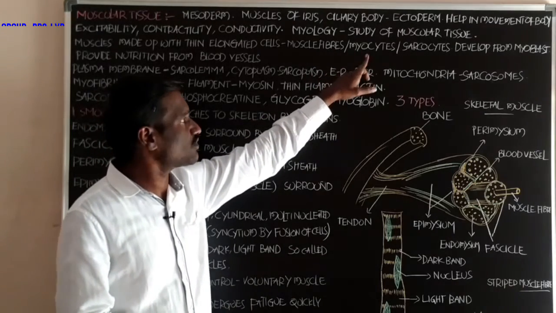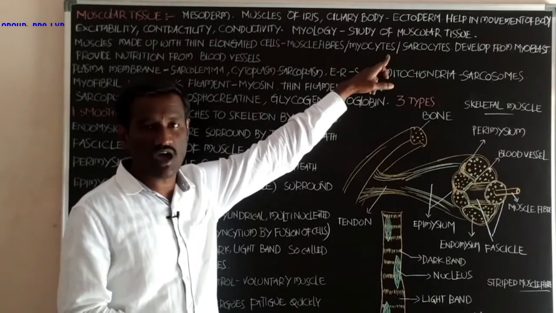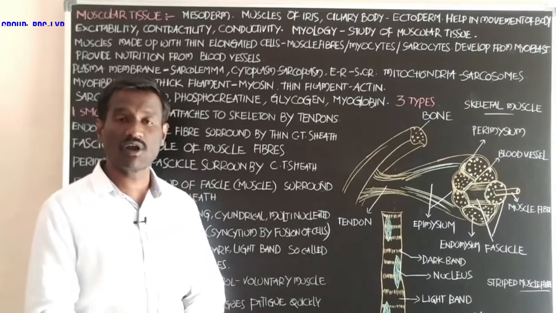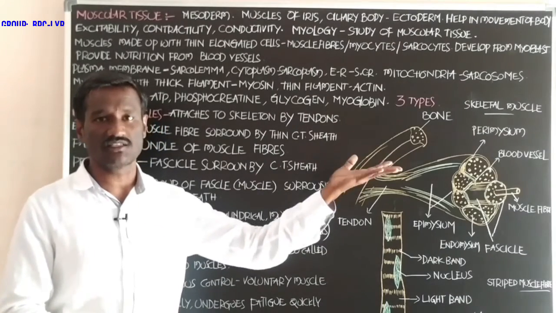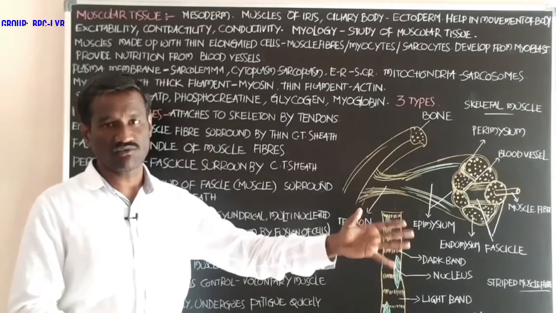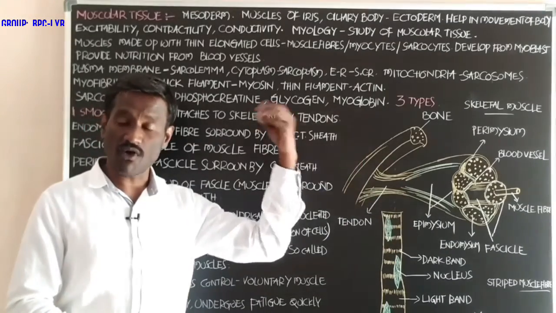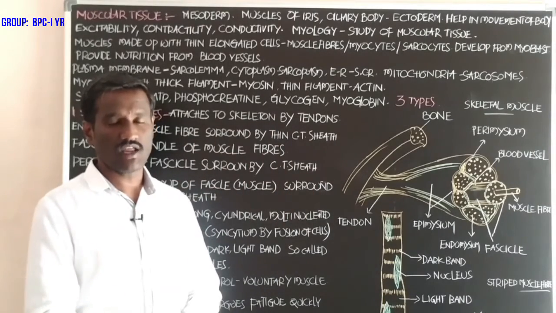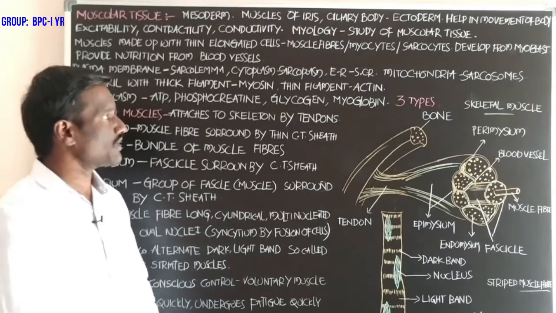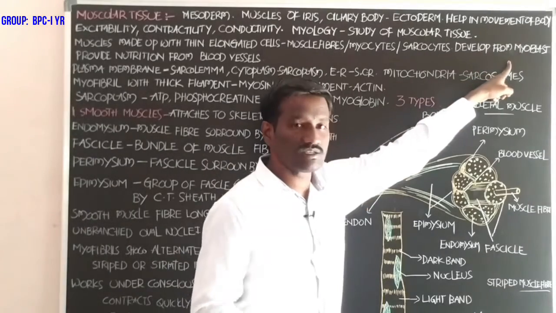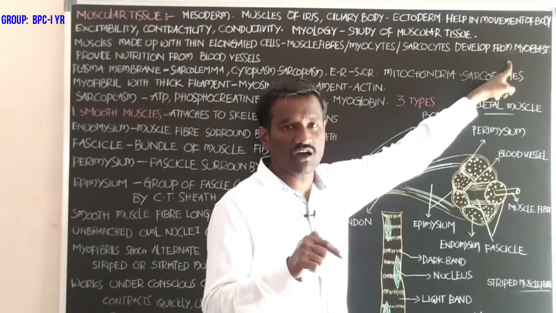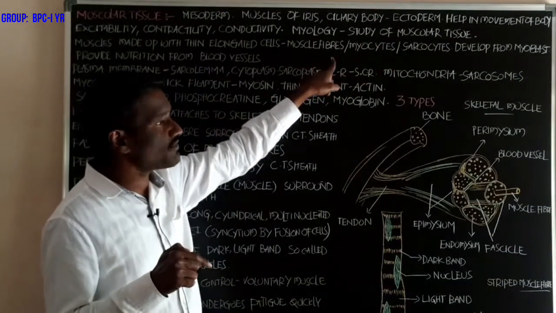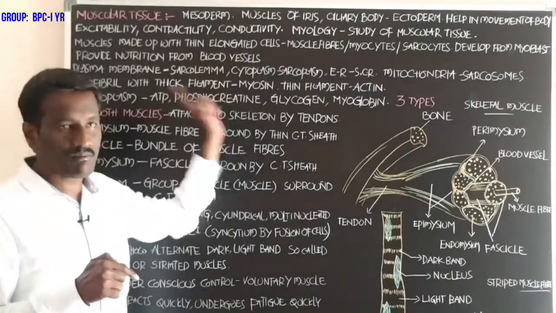Muscle fibers are also called myocytes or sarcocytes, and they develop from myoblast cells of the embryonic system, which are formed in the early embryo of the organism. Myoblasts develop into the muscle fibers present in the muscle.